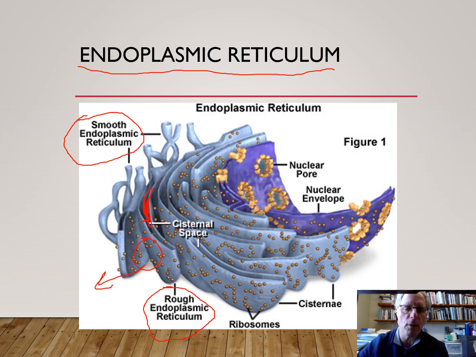So liver cells, for example, have lots of smooth endoplasmic reticulum. They contain enzymes for lipid synthesis, cholesterol biosynthesis, and cholesterol handling, things like that. They also have enzymes called cytochrome P450s. Those enzymes do a lot of the handling of xenobiotics, and those are found predominantly in the smooth ER.